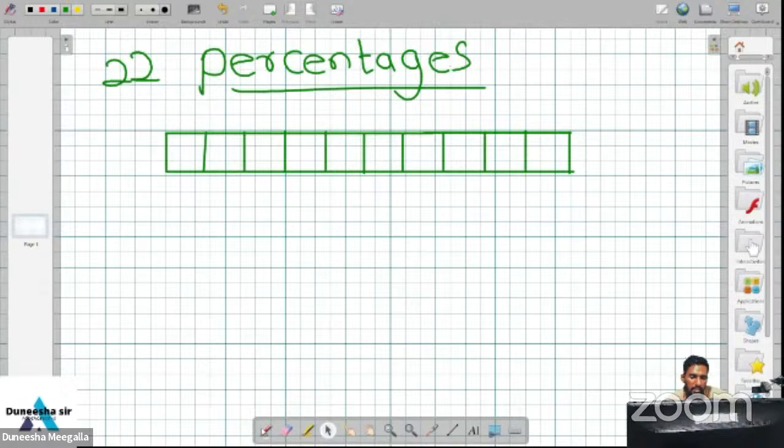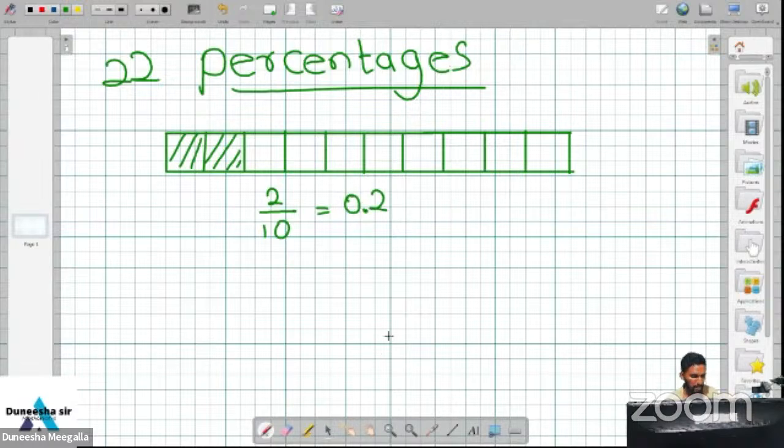What is that? 10. Then how many did I shade? 2. Can you tell me it as a fraction? 2 over 10. Can you remember how we express it as a decimal? It's 0.2.